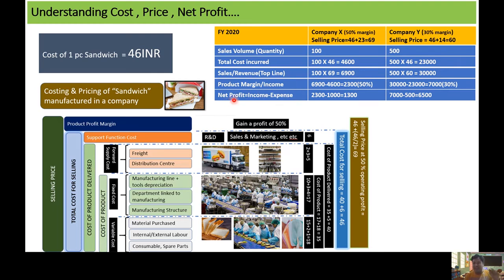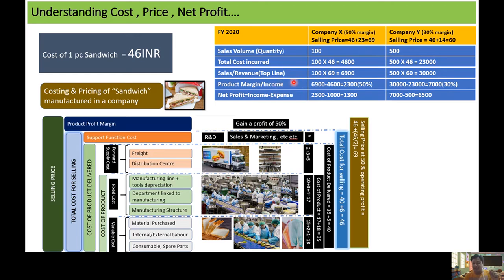Net profit is nothing but the income generated by selling the product minus the expenses the company incurred. Let us take an example to make it easy. Let us say the expense here is only the travel expense for internal meetings. We will consider this for company X and company Y, although there could be many different kinds of expenses.